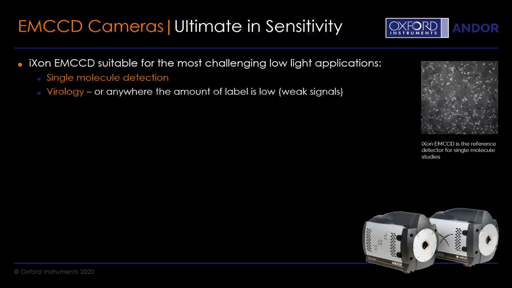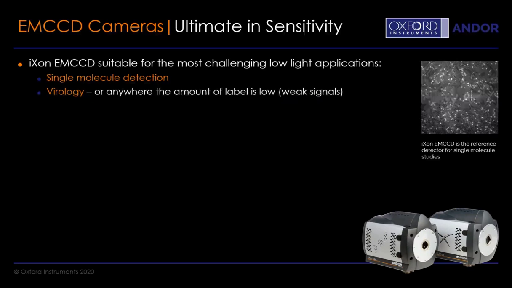So in terms of EMCCD cameras, we can see that they're clearly going to be suitable for the most challenging low-light applications. So we often generally say this as being for any of the single molecule detection studies, where these cameras would be the reference detector in those cases. And also virology for something that's a bit more current, but indeed anywhere where the amount of label that we're working with is low, that the EMCCD cameras can be used.